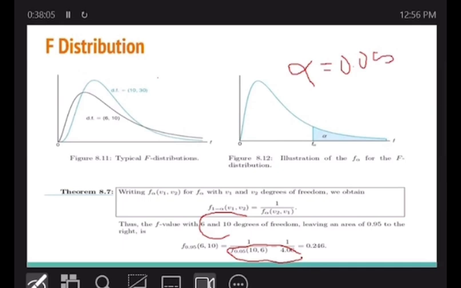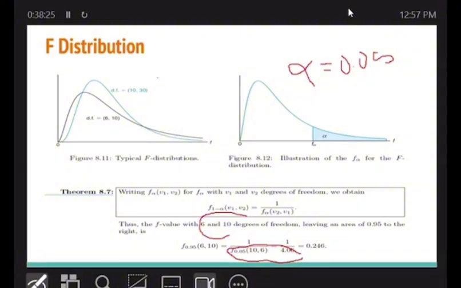When I switch 6 for 10, I will then check under 0.05. Don't forget, 1 minus 0.95 will be 0.05. Whatever I get, I do 1 divided by that, and that will give me this value. So they have a relationship. Like I said, I'm not going to pursue that further.